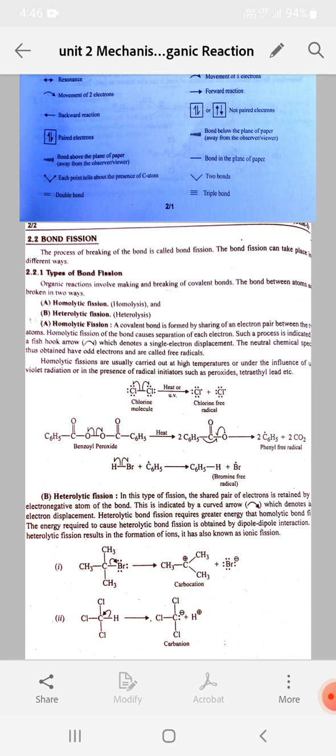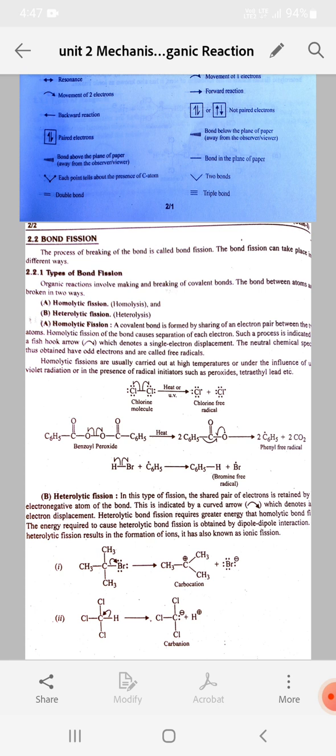Let's talk about homolytic fission. A covalent bond is formed by sharing of an electron pair between two atoms. Homolytic fission of the bond causes separation of each electron. Such a process is indicated by a fish-hook arrow, which denotes a single electron displacement.